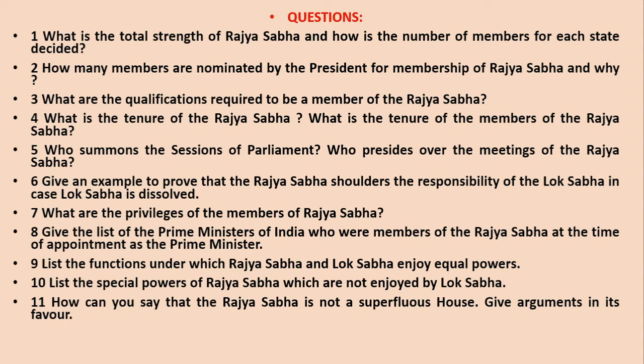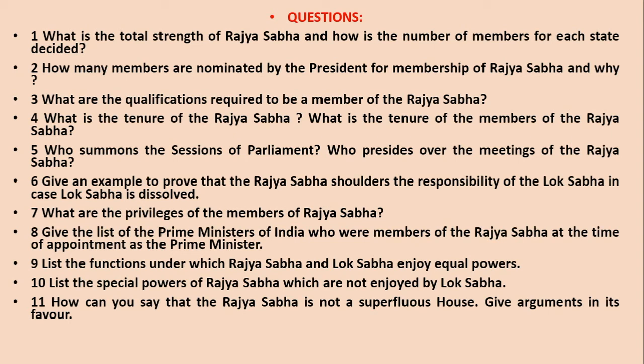And the second part is how the number of members for each state is decided. I have discussed with you, it is decided on the basis of population. It's not like the USA where there is equality of representation, two members from each state, but in India it is on the basis of population.